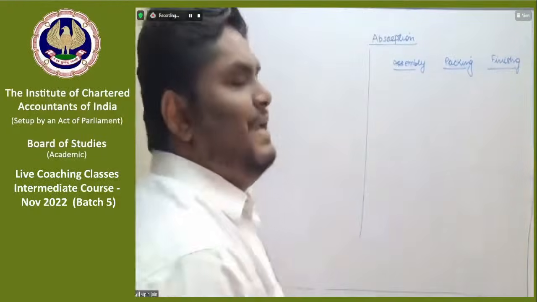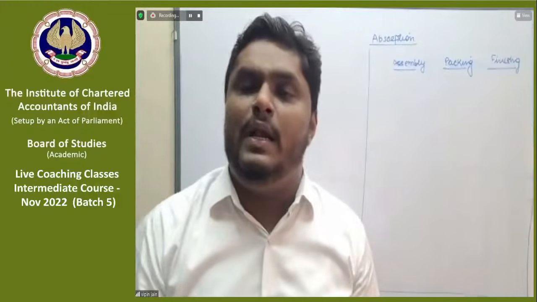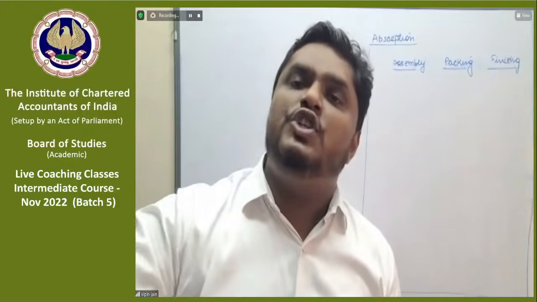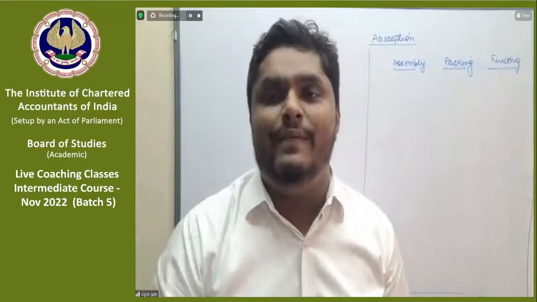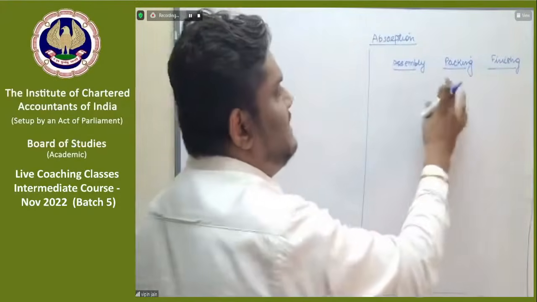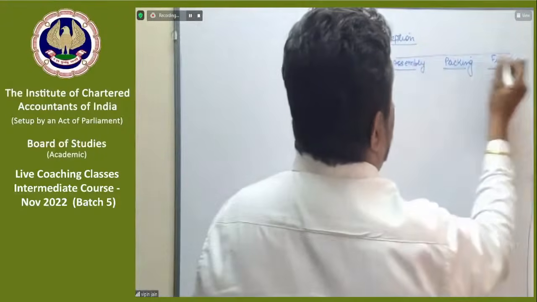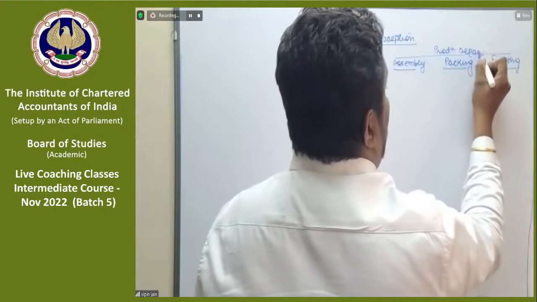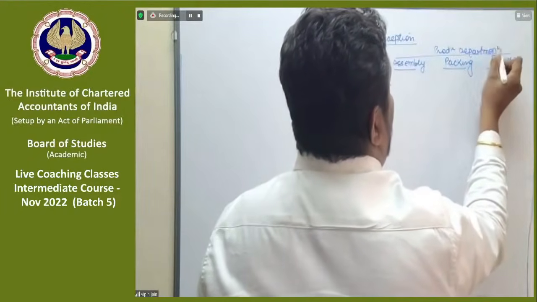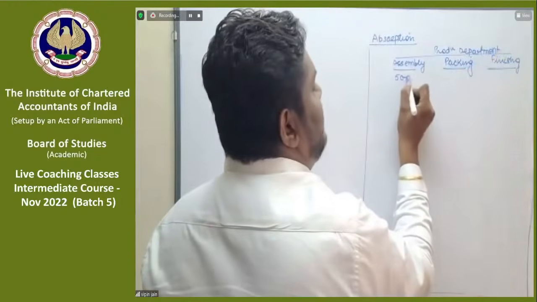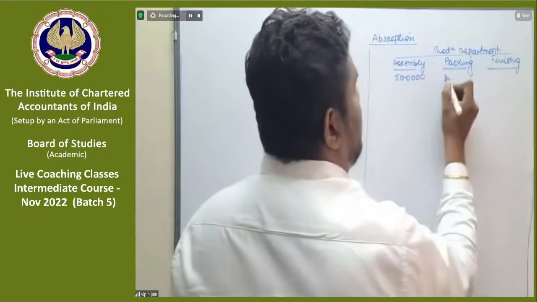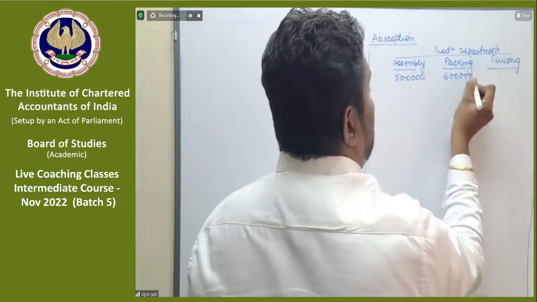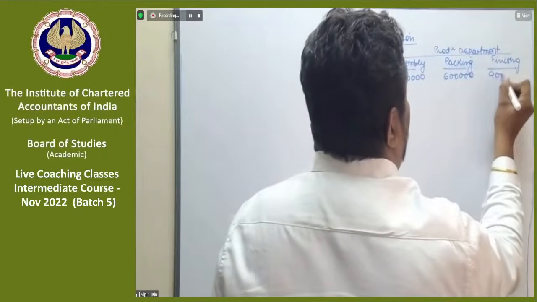I repeat again guys, I have three types of production department. Now after apportionment, reapportionment, whatever it is, I have got the final overheads of these three production departments. Let's say 5 lakh, 6 lakh and 9 lakh.